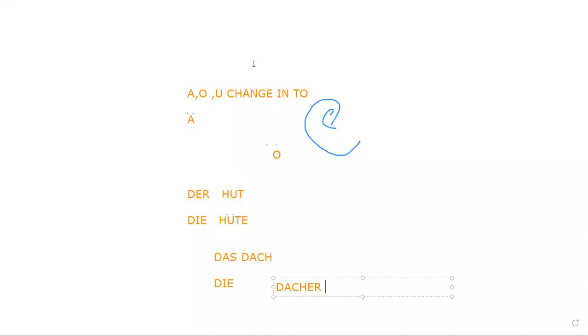In that case, we have umlaut and er. One thing you have to understand, team: you have to add er in some neuter nouns. If we have roof, that is das Dach, and many roofs, die Dächer. In some nouns, we have to add er in the plural. Is it clear to you, team?